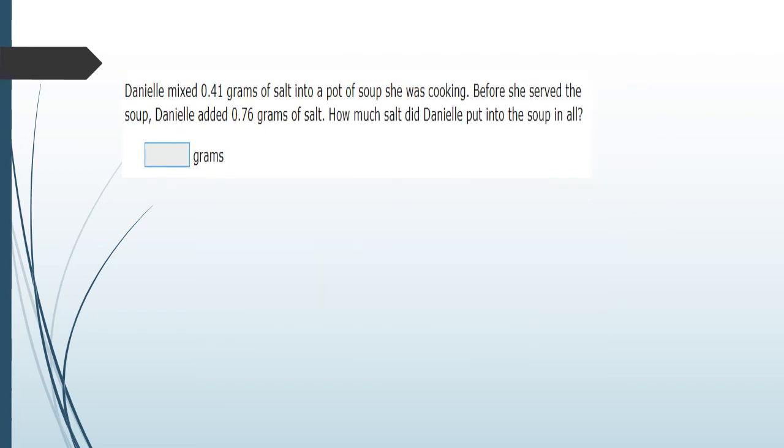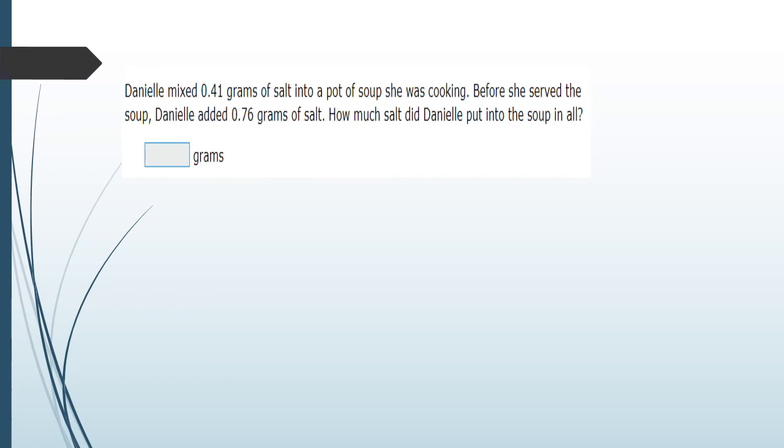Daniele mixed 0.41 grams of salt into a pot of soup she was cooking. Before she served the soup, Daniele added 0.76 grams of salt. How much salt did Daniele put into the soup in all? So here there are two words that tell us we have to add.